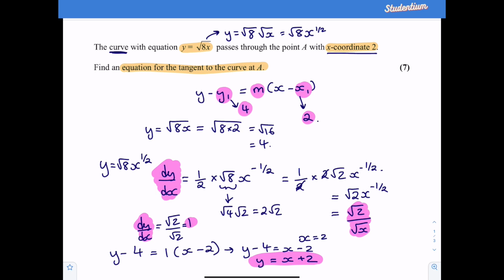I hope you can remember the key things we need to know here. The gradient of a tangent to a curve is just equal to dy/dx, so we just need to differentiate.